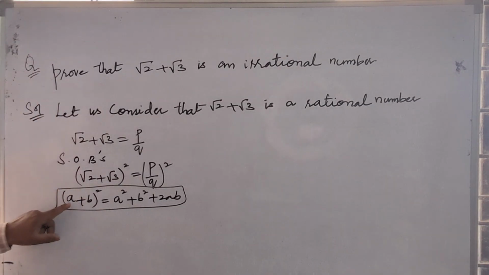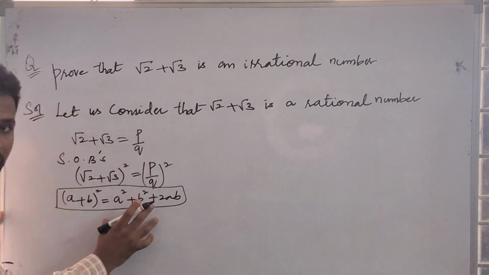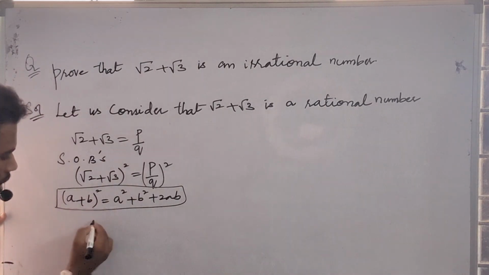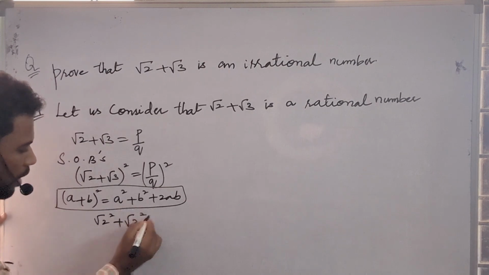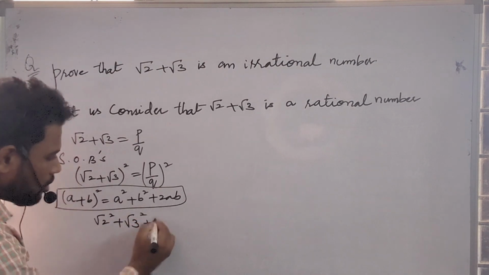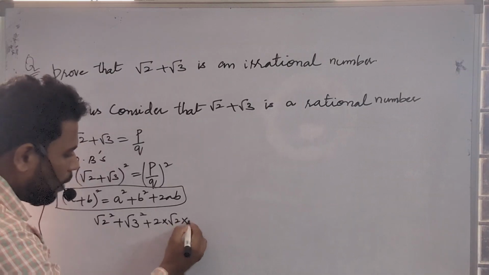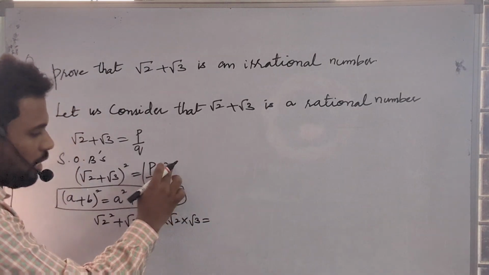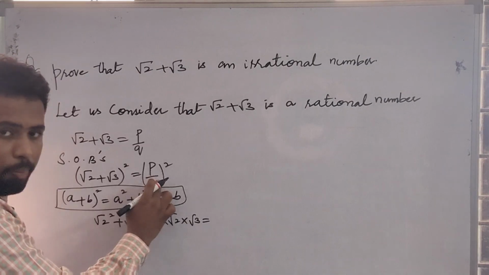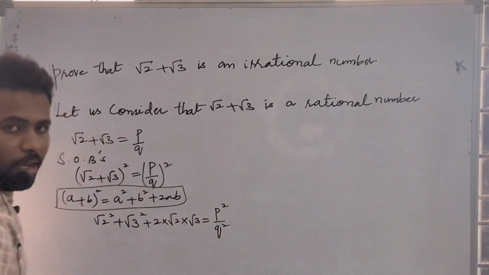Now if you compare, a is root 2 and b is root 3, let us apply it in the formula. a square means root 2 square, plus b square means root 3 square, plus 2 into a, which is root 2, into b, which is root 3, equals p by q whole square. This square is with both p and q, so I am writing separately p square by q square.